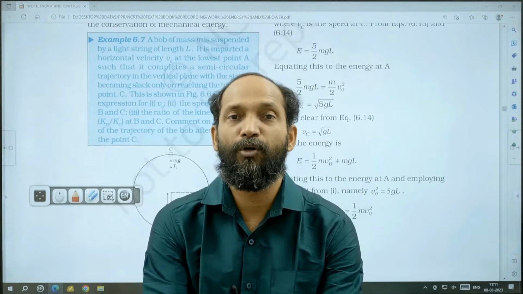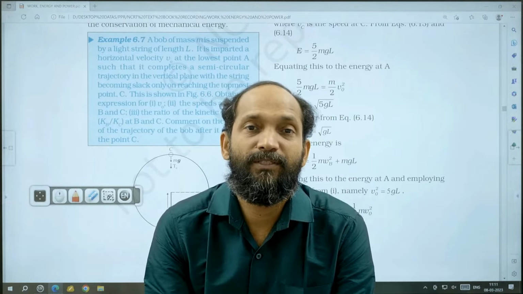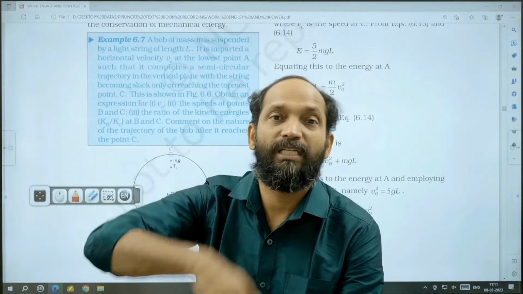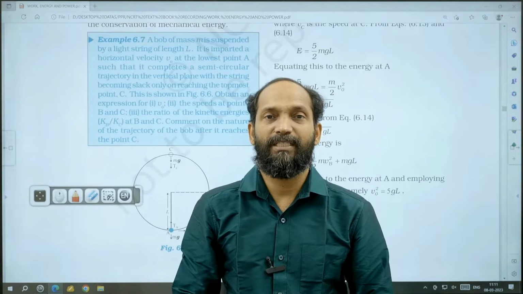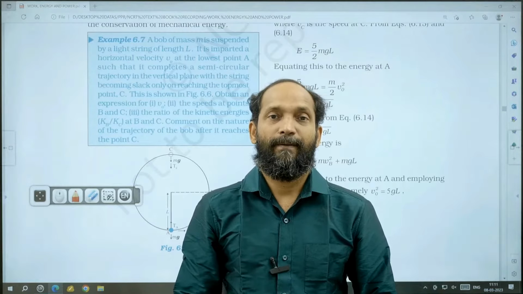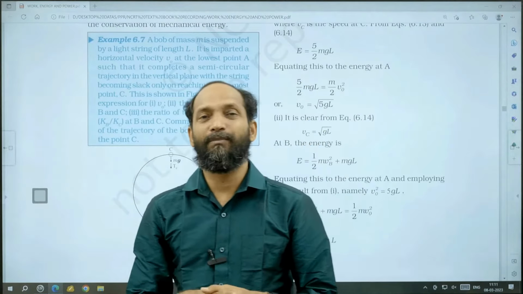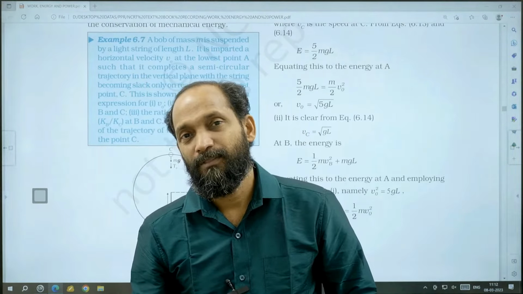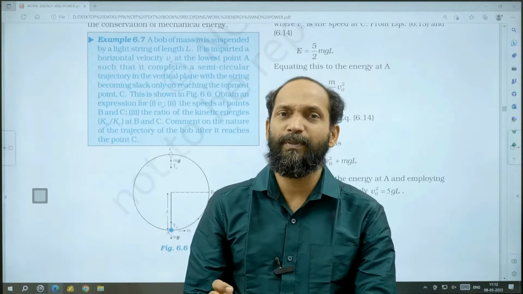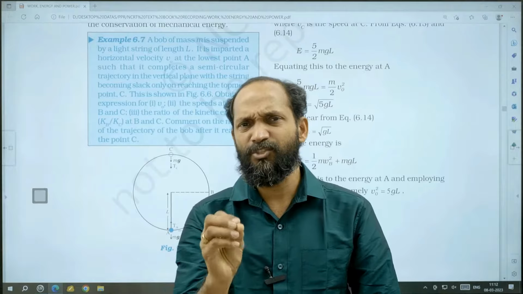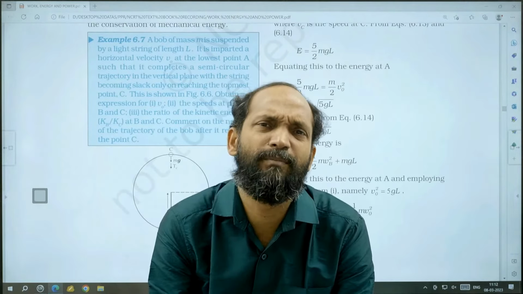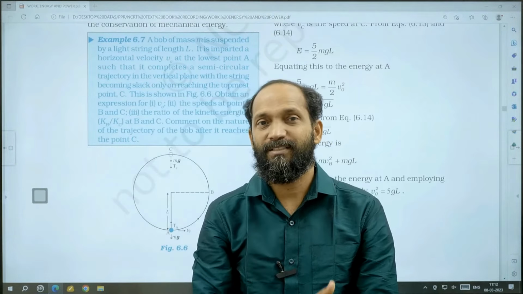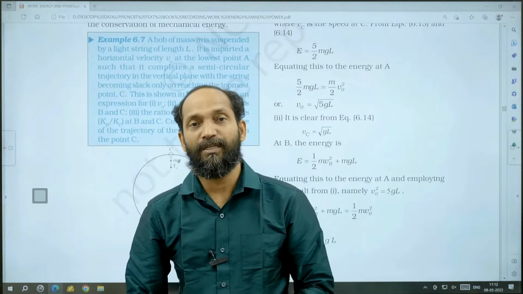When a bob is allowed to undergo circular motion in a vertical plane, driven by gravity alone, assuming there is no friction, there should be a certain critical minimum speed which it should possess at the bottom, and a critical minimum speed at the top and every position. Then only it will continue. If there is no friction, it will be perpetual.